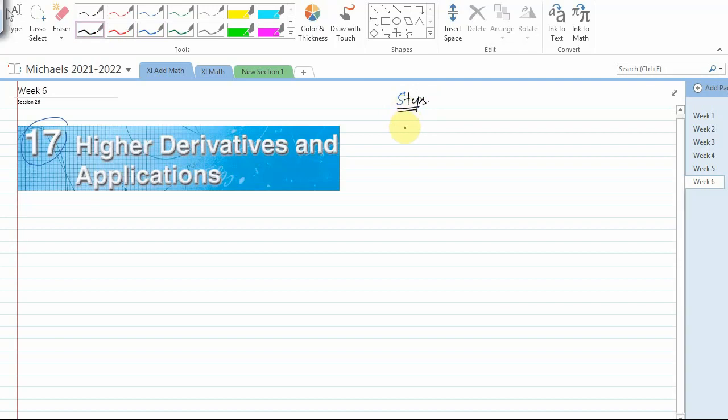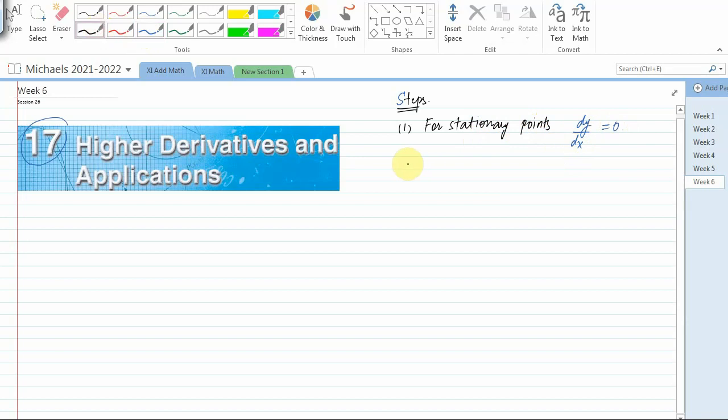Alright, so the first step is whenever we are requested to find stationary points, keep in mind that we need to equate dy over dx equals 0, right? And by placing dy by dx equals 0, we need to find the stationary points. That is the first condition.